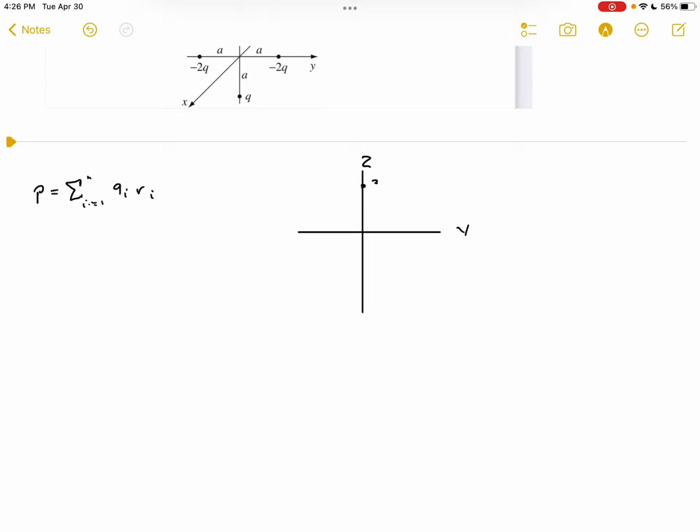We know we have 3Q here, distance A. Negative 2Q, distance A as well. Another negative 2Q, distance A from our origin, and then positive Q, distance A.